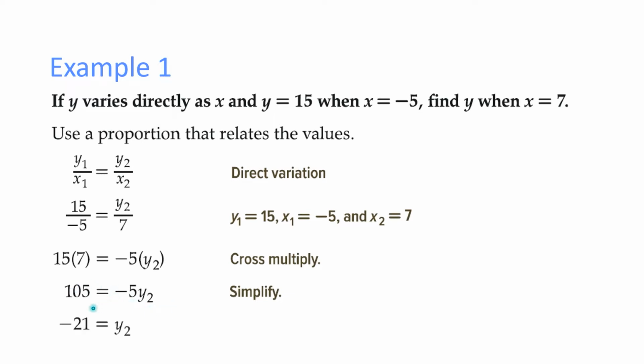So if you divide both sides by -5 and simplify, we will obtain the value for y2, which is -21. We have divided each side by -5 to obtain -21.